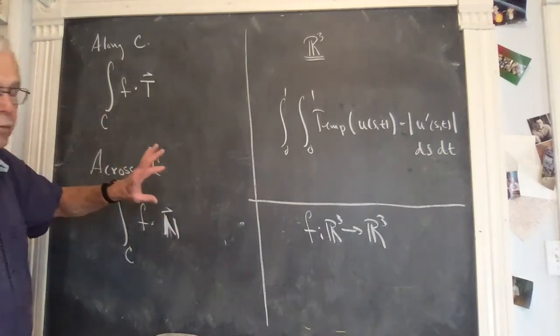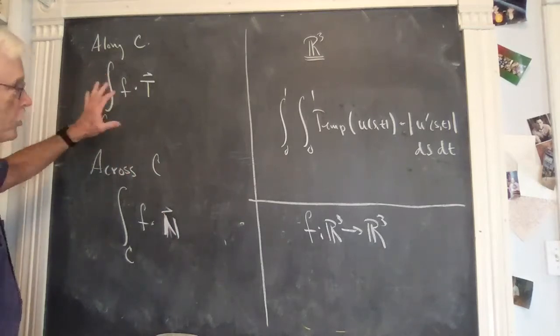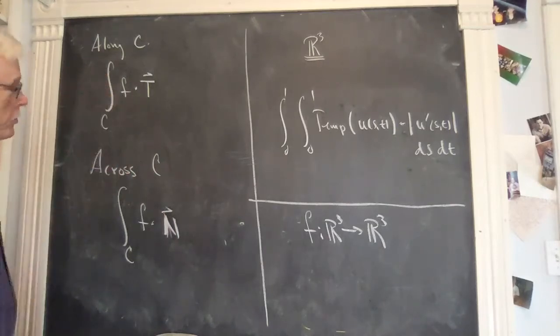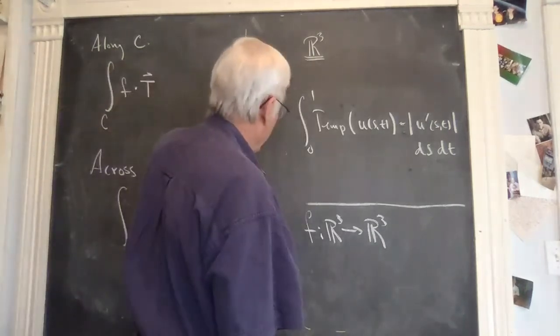We have Green's theorem in 2 varieties. We want to look at analogs. What works in 3 space? Can you do this same stuff in 3 space? Let's take a look.